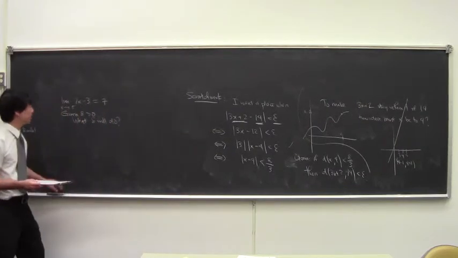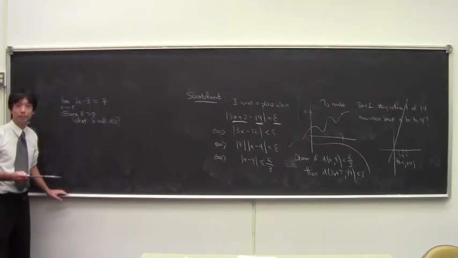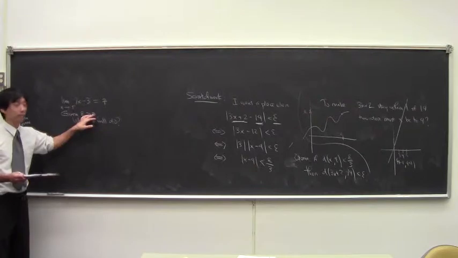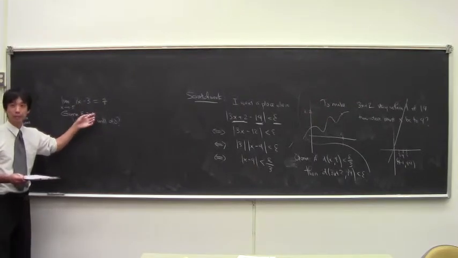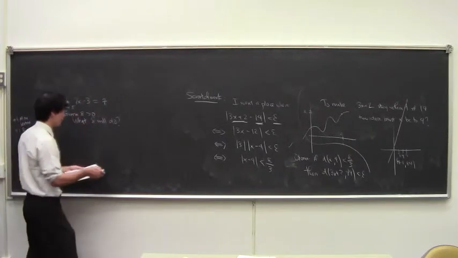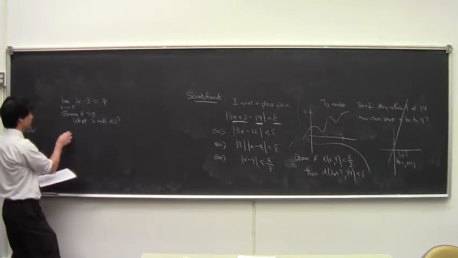Okay. So what delta will do? Somebody gives you an epsilon of 2. What's the delta? 1. Somebody gives you an epsilon of 1. What's the delta? 1/2. Somebody gives you an epsilon of epsilon. What's the delta? Epsilon over 2. You figure that out by saying, well, let's look.